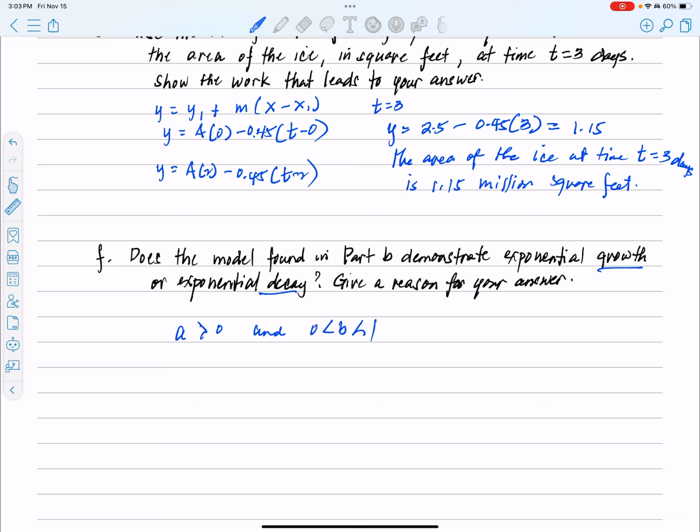Because of this reason, the model A(t) demonstrates exponential decay.